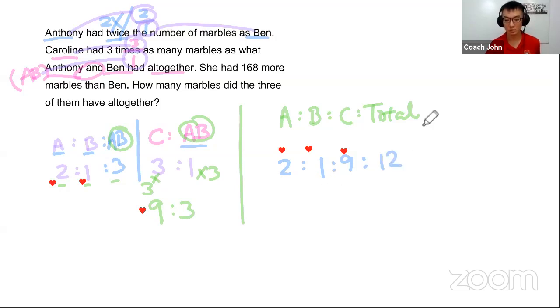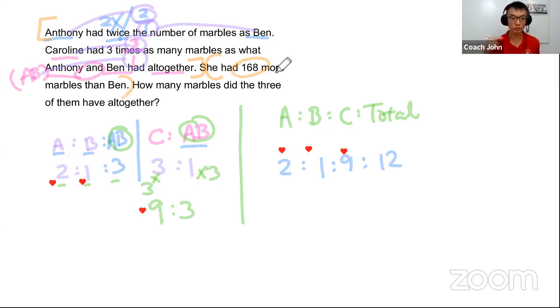Now, there's something called elimination, which means that you want to make those numbers and information that you have already used invisible. So this is gone, and now only 168 is left.